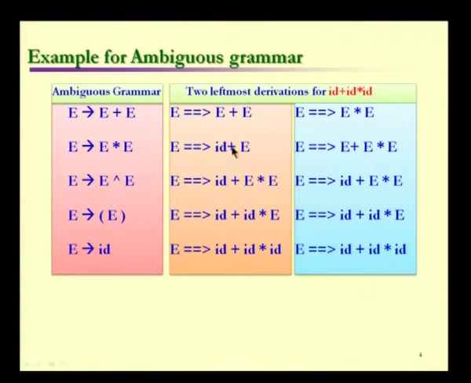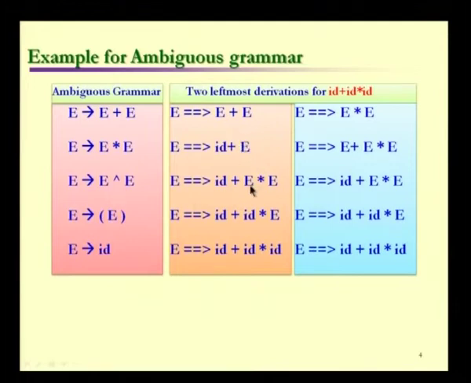We have 6 choices for expansion, but if we go ahead once again with E plus E, we will not be able to derive id plus id star id, and similarly if we go again with E derives E star E, then once again we will not be able to get id plus id star id. So, for the time being we find that the only choice for this E, so that we will be able to get this string, is identifier, that is id. So, now we have id followed by a plus, then followed by another expression that is a non-terminal, and this time this non-terminal is supposed to be expanded.